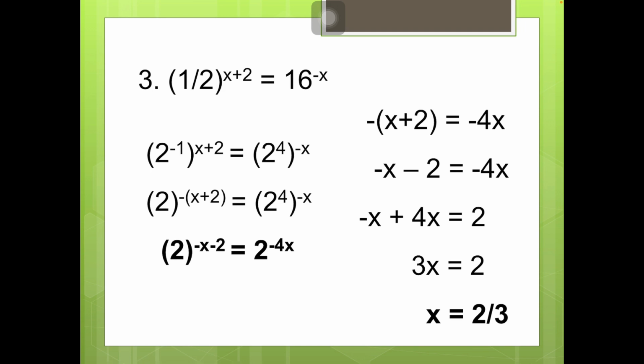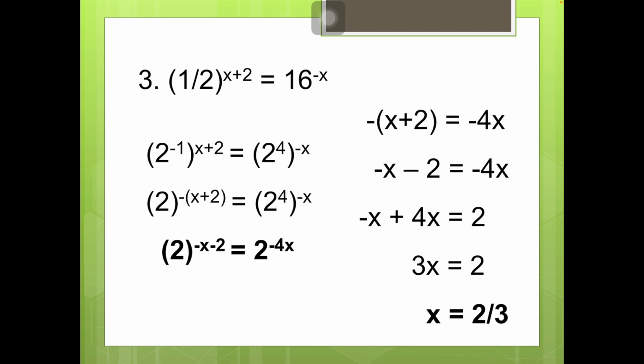And for the checking, we have the exponents here: negative x plus 2 is equal to negative 4x. So distribute negative times positive x becomes negative x. Negative times 2 is negative 2 is equal to negative 4x.